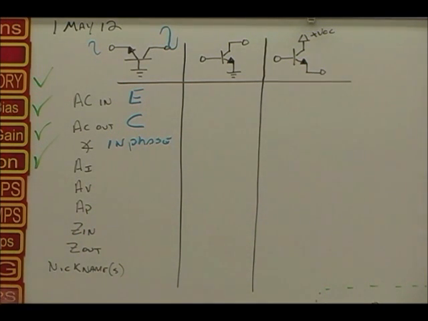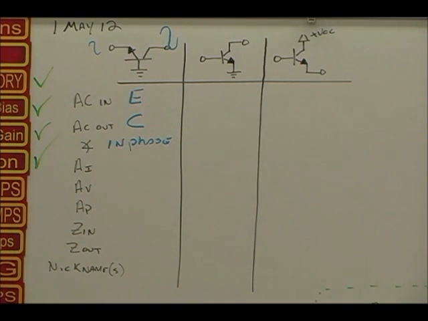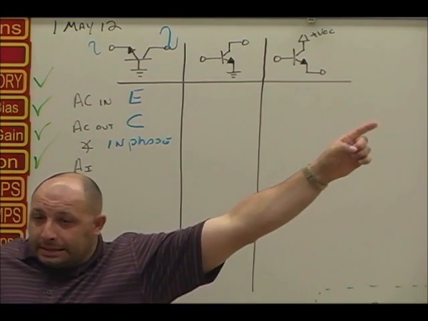Then we have to discuss the gains: current gain, voltage gain, power gain. And during the lesson and quiz review, the current gain for the common base is what? Our gain always has to do with the outputs, doesn't it?